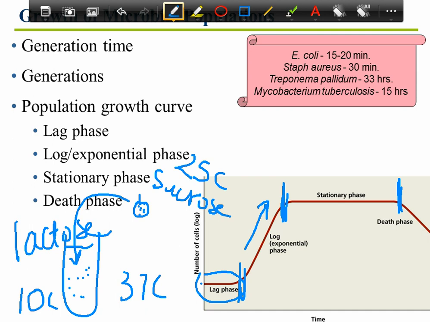We're running out of room. Oxygen levels are dropping. The environment is just not as good. And so you get kind of a reduction of growth rate. Some cells are still dividing. Some cells are actually starting to die, but you get kind of a plateau. And then eventually they will go into death phase.